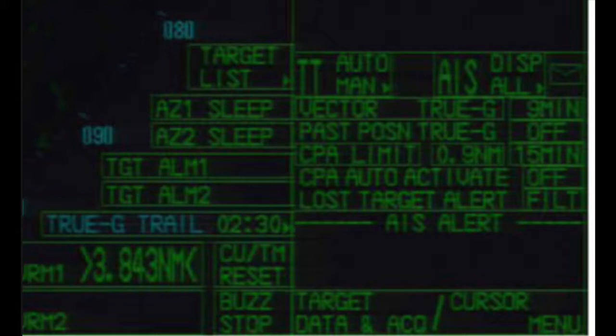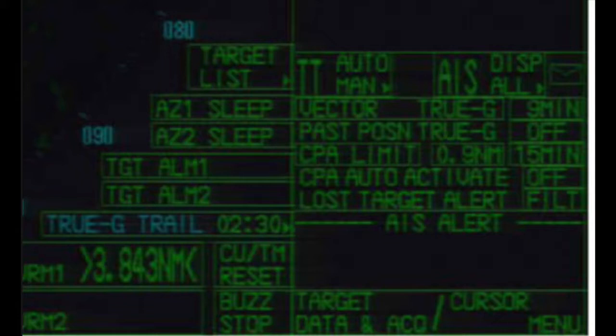Okay, let's check on the data area. There was some wrong setting. As you can see, the trail, which means the target's past position, is live on the radar screen.